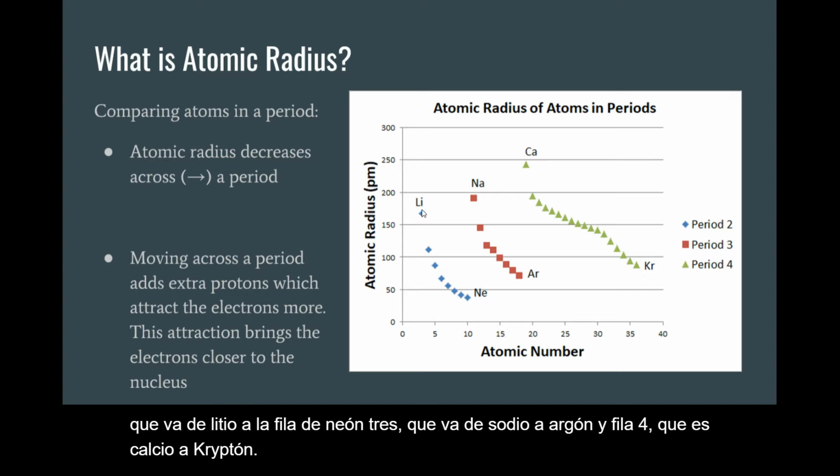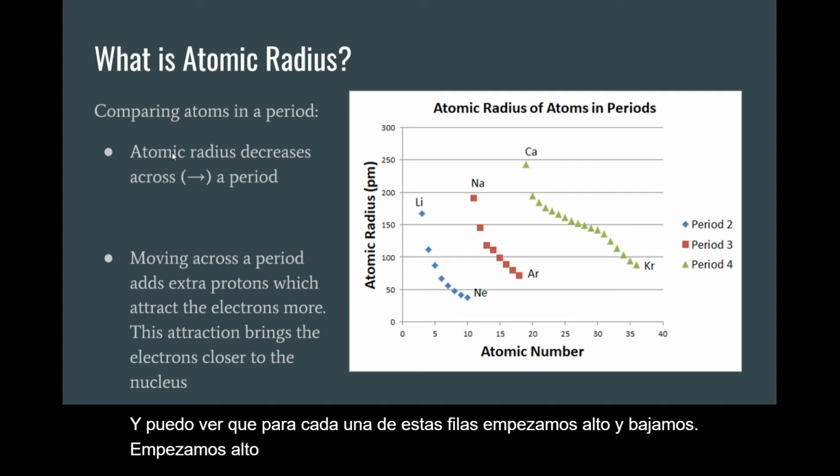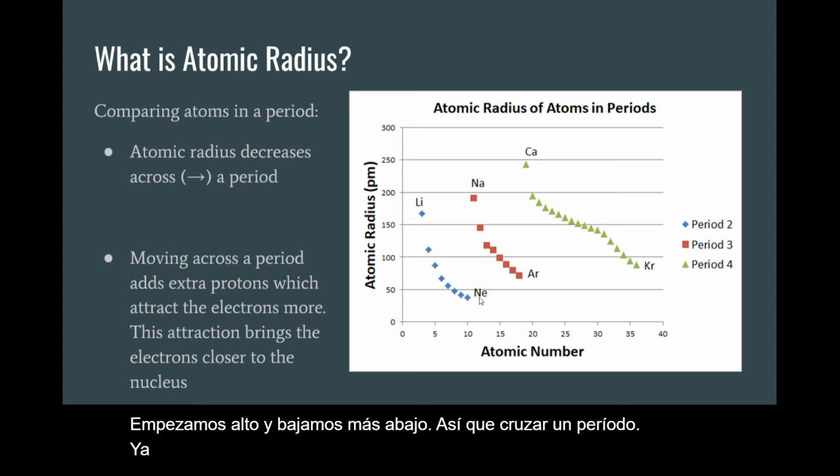And I can see that for each of these rows, we start up high and we go down lower. So going across a period, we see a decrease in the atomic radius.